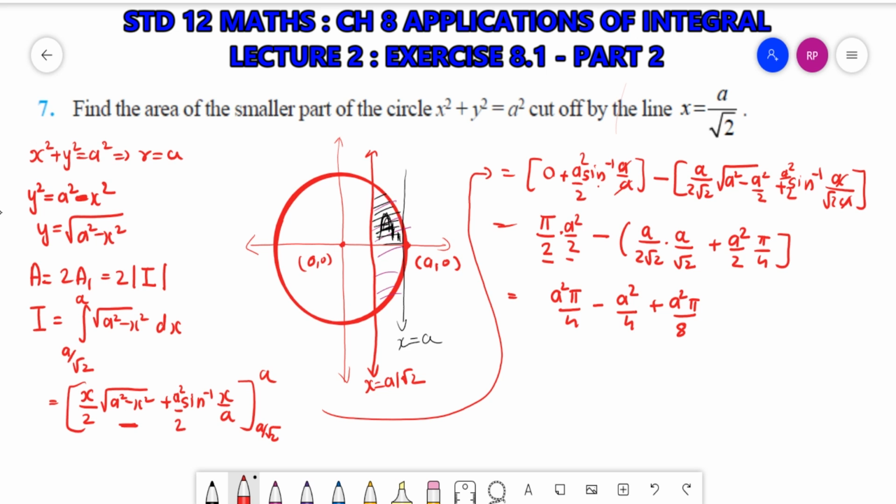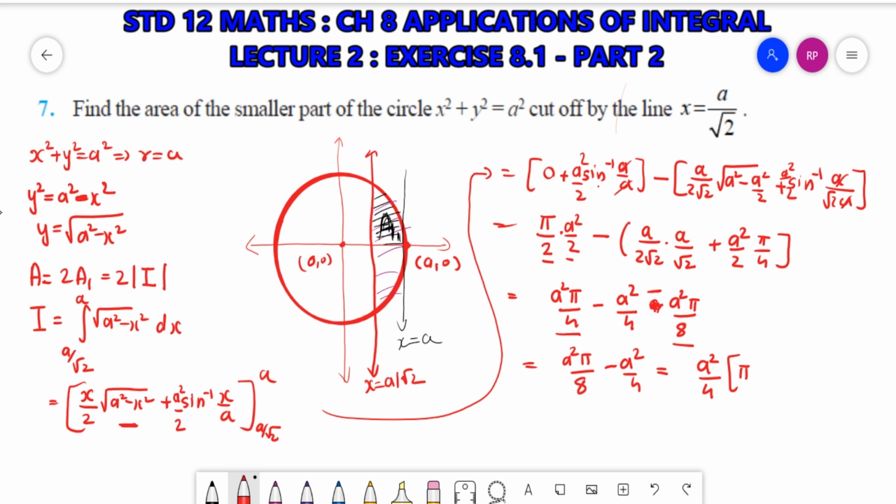Okay, clear? Now when I am solving it further, a square pi by 4 plus a square pi by 8. LCM will be 8. So 2 times a square pi minus a square pi. Sorry, here it's minus, not plus. It will be a square pi minus a square by 4. So I can take a square by 4 common.